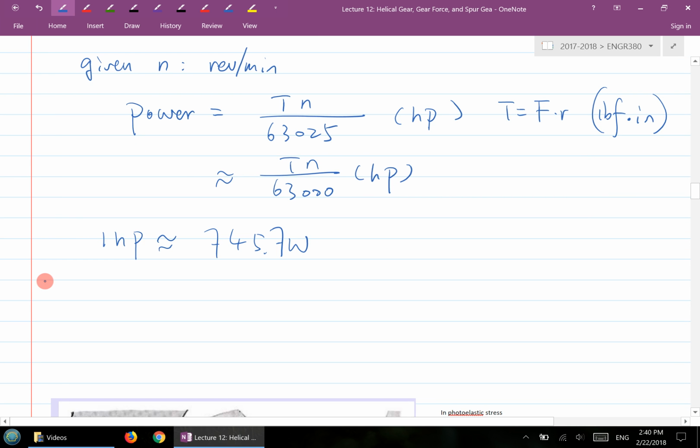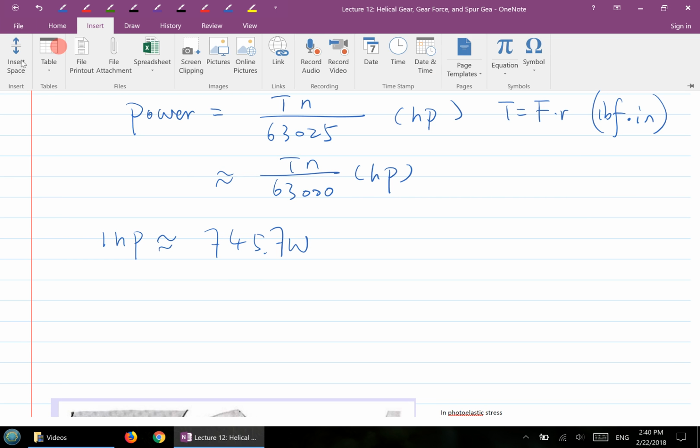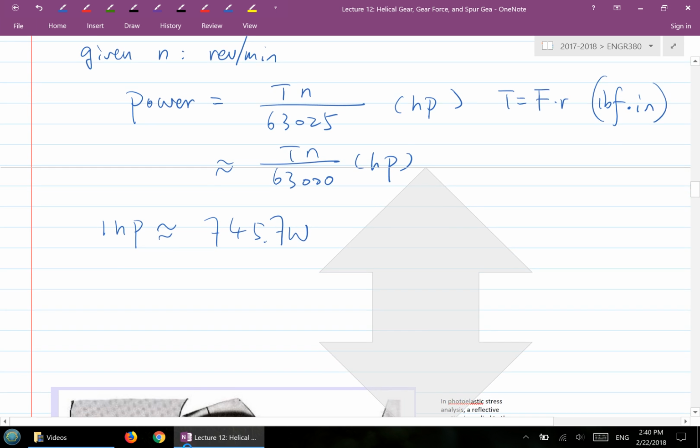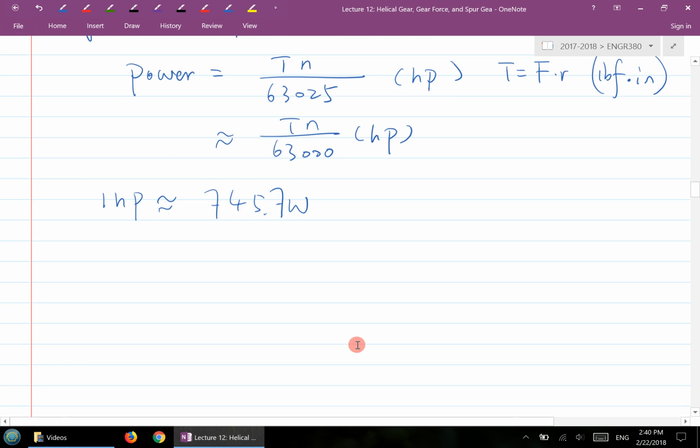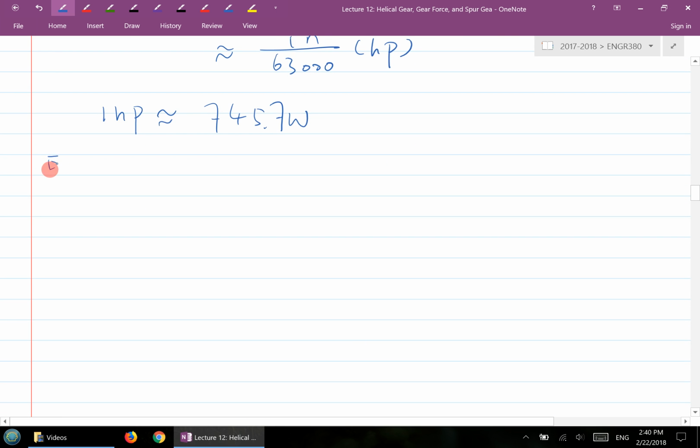So let's take a quick look at an example here. Let's say we have a gear with number of teeth 16 and diameter pitch 8.